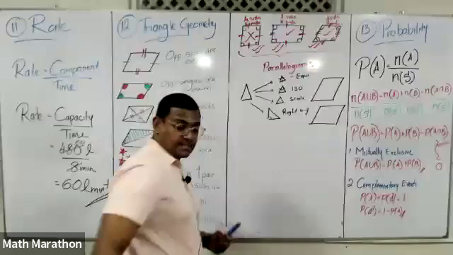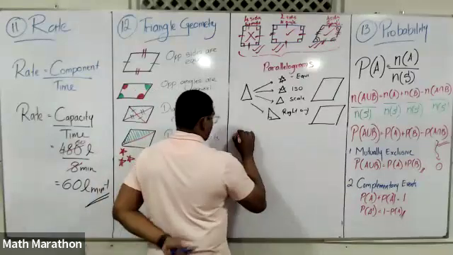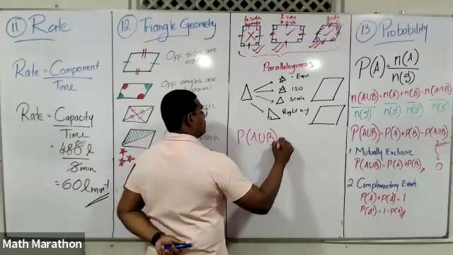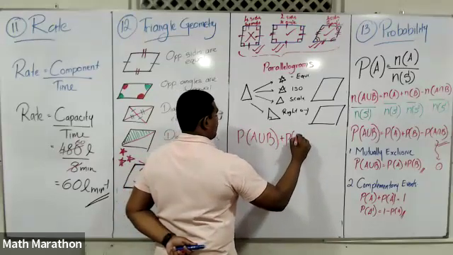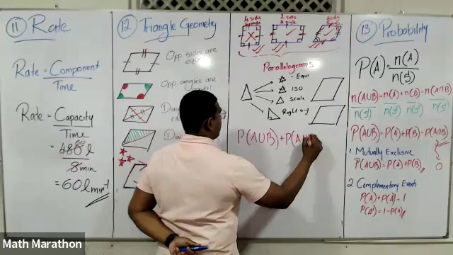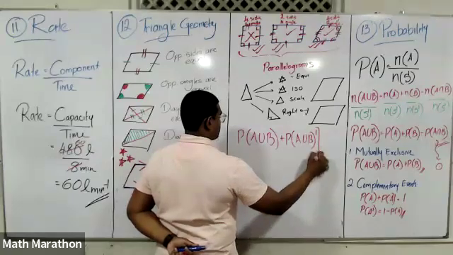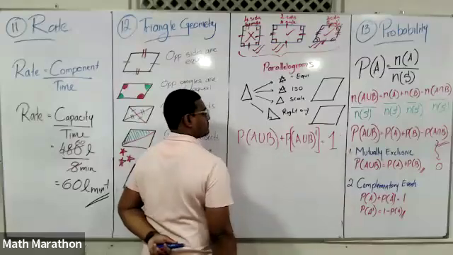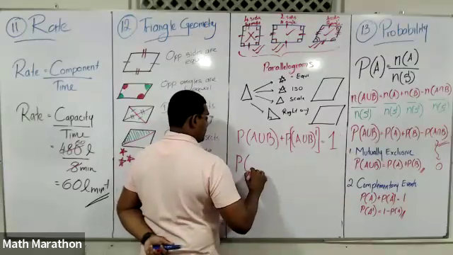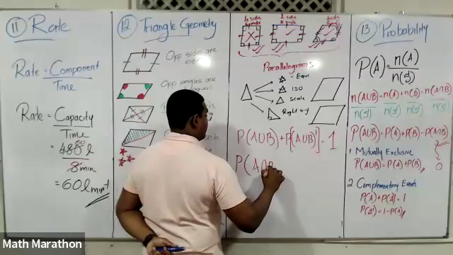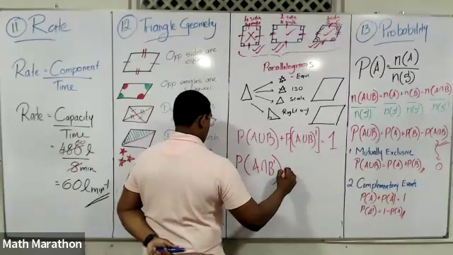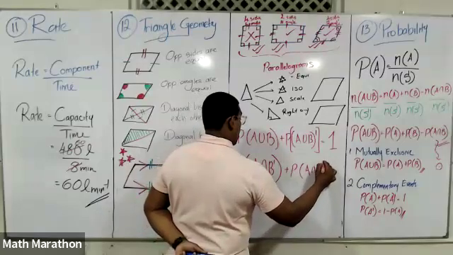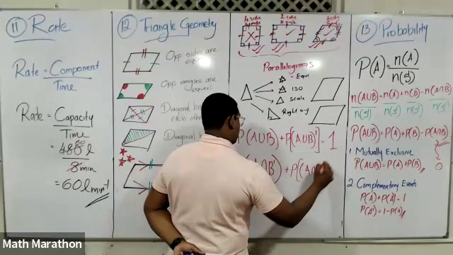Any events, it can be probability of A union B plus probability of A union B, the whole thing dash. That is also equal to 1. It can be probability of A intersection B dash plus probability of A intersection B dash, whole thing complement.